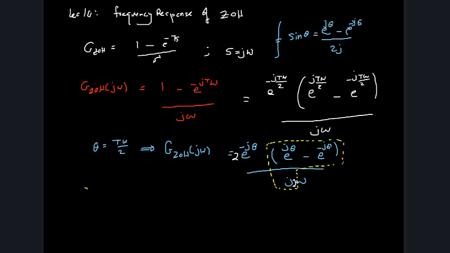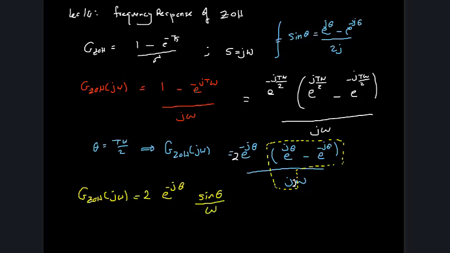So now the zero order hold transfer function in the frequency domain can be written as 2 exponential of minus j theta sine theta over omega.